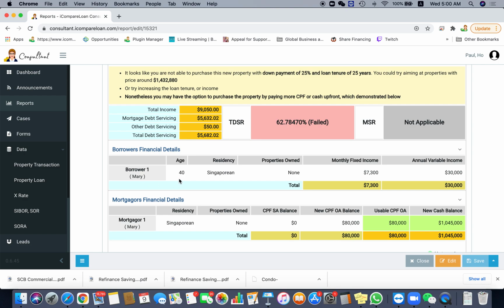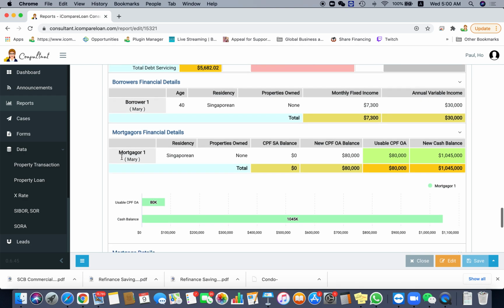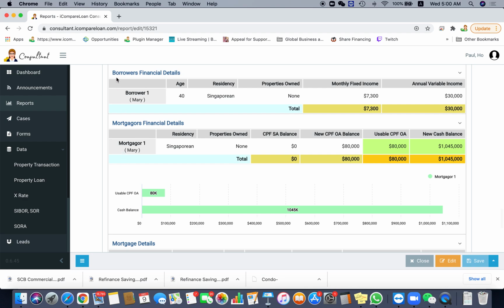Now the borrower financial details. The borrower is Mary, age 40, Singaporean. Currently, she owns no property after having decoupled from the last one, and her monthly fixed income is $7,300. Annual variable is $30,000. CPF SA is entered as 0.